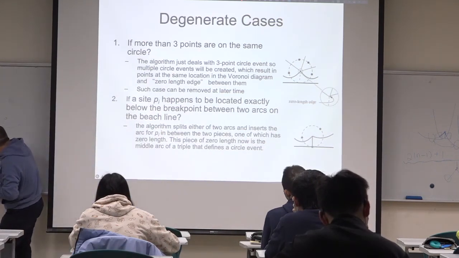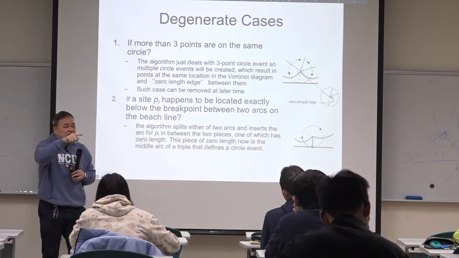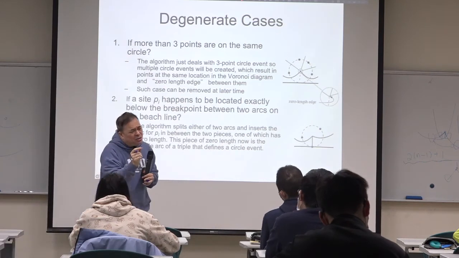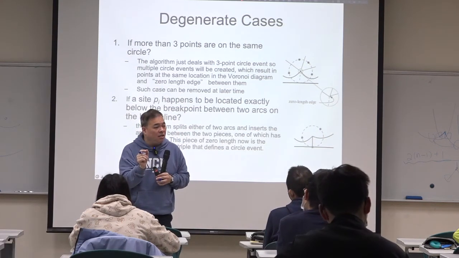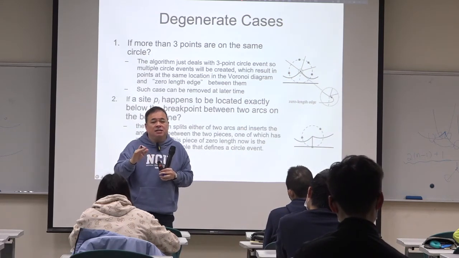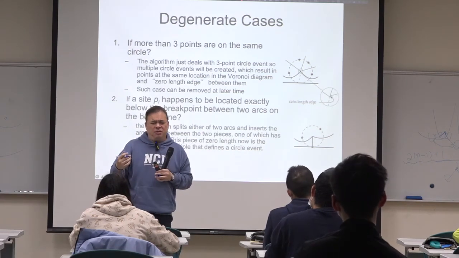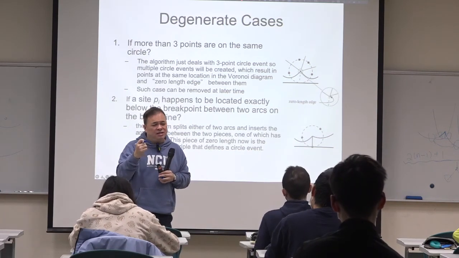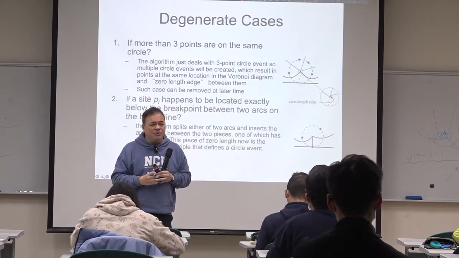But that's fine. When you consider the doubly connected edge list, it's going to be okay. We have 2 points that happen to be in the same place, and then we have a half edge that has 0 length. But it does not affect the correctness of the algorithm. Of course, this 0 length half edge is bothering us.